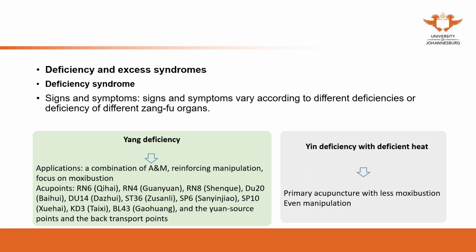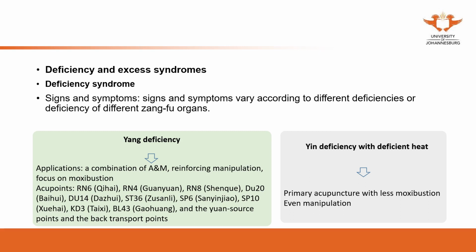We have mentioned quite a few times, similar to the previous points, that some points have the function of reducing, and some points have the function of reinforcing or tonifying. For example, Ren 6 Qihai, Ren 4 Guanyuan, Ren 8 Shenque. These three are very important for reinforcing, especially for internal coldness.